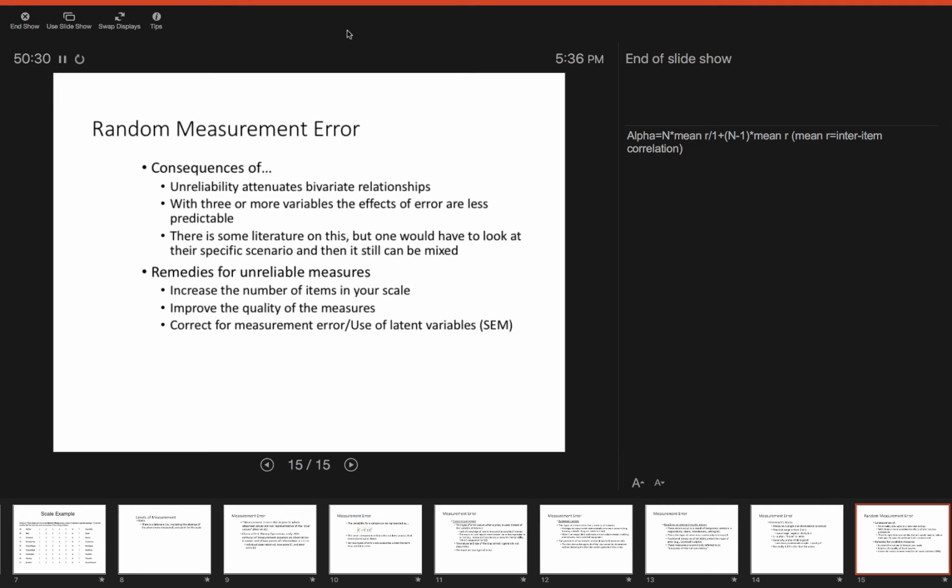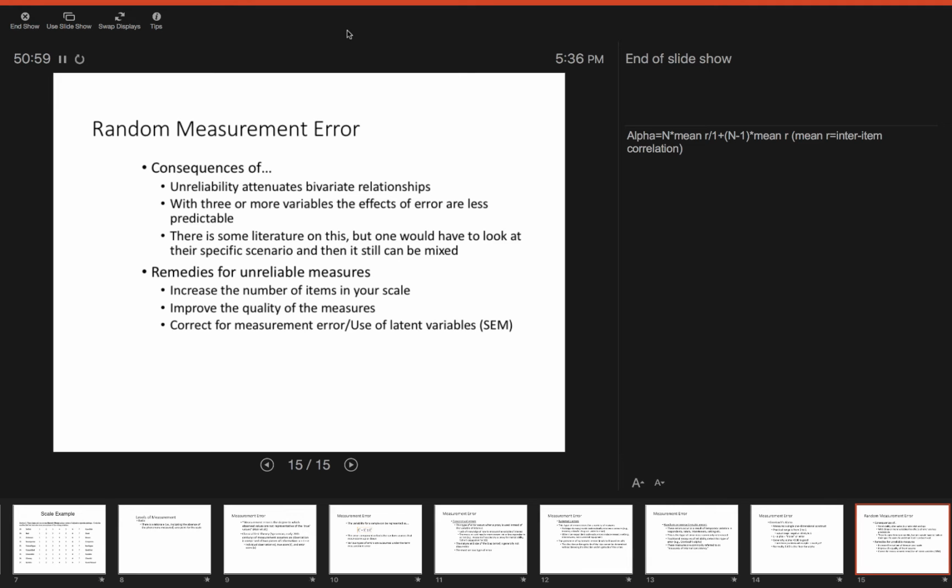If we have 3 or more variables, the effects of error are less predictable. The literature that I've read on it, and it's not a literature area that I keep up on readily, but the last time I looked into it, there is some literature, but it really is idiosyncratic to what's your scenario. And then different authors would say different things about how we might understand that.